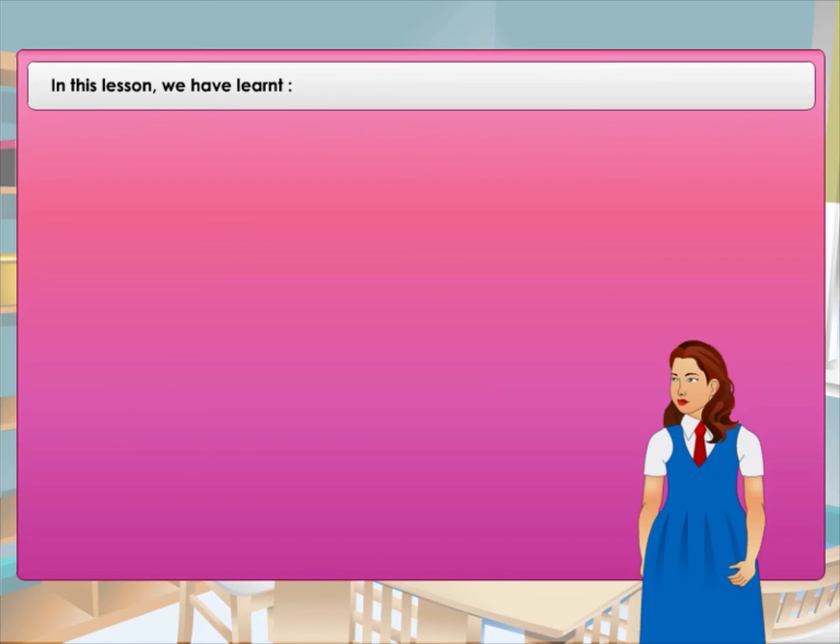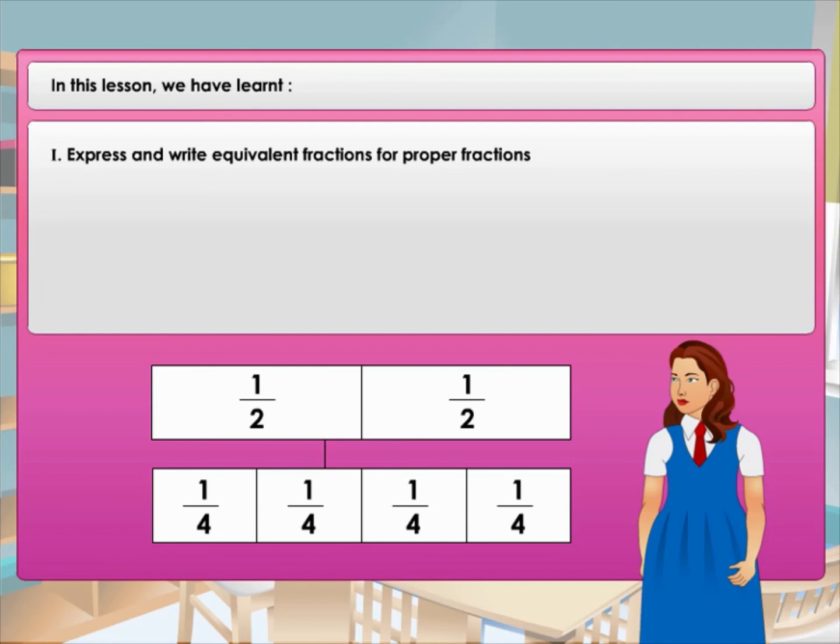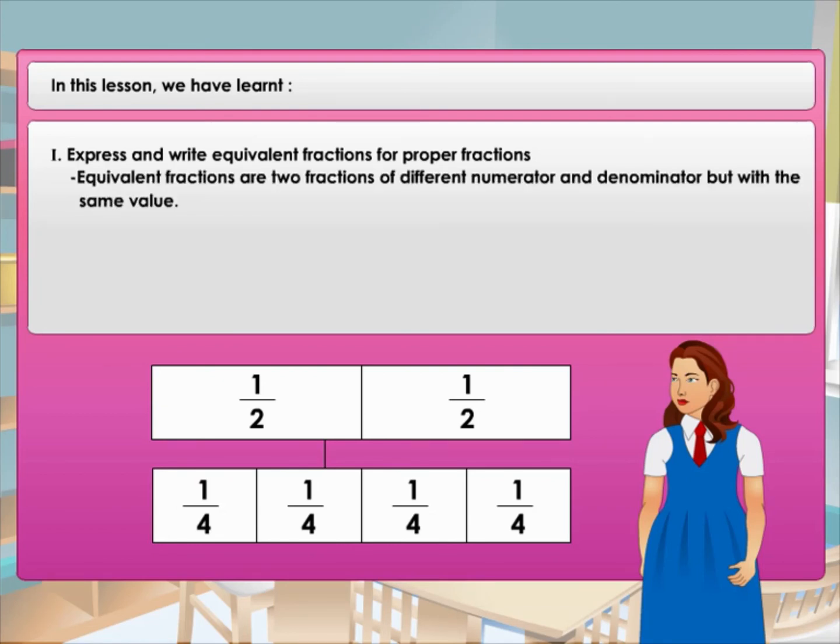In this lesson, we have learnt to express and write equivalent fractions for proper fractions. Equivalent fractions are two fractions of different numerator and denominator but with the same value. Equivalent fractions are different fractions that represent the same amount.